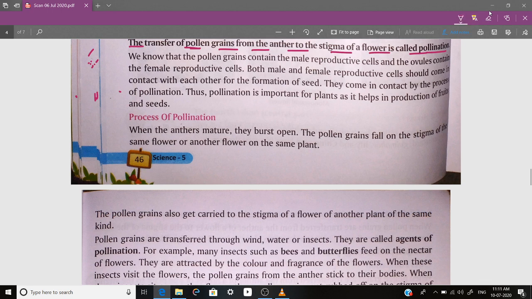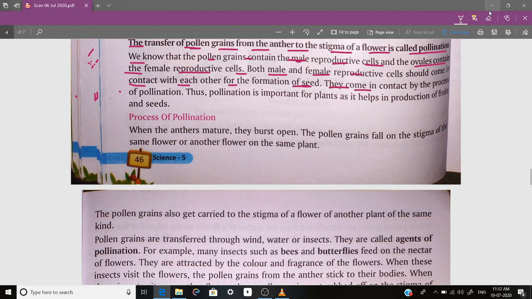Okay, we know that the pollen grains contain the male reproductive cells and ovules contain the female reproductive cells. Both male and female reproductive cells should come in contact with each other for the formation of seed. So when pollen grain comes in contact with the stigma, the formation of seed occurs.